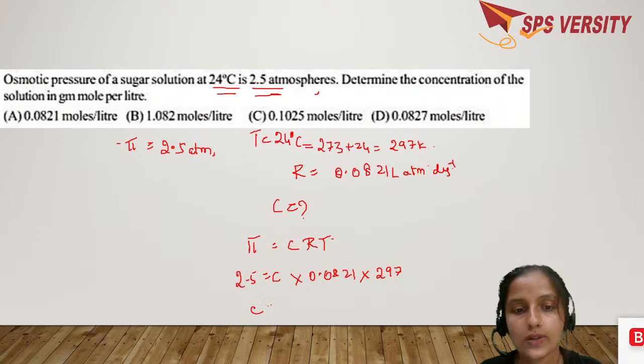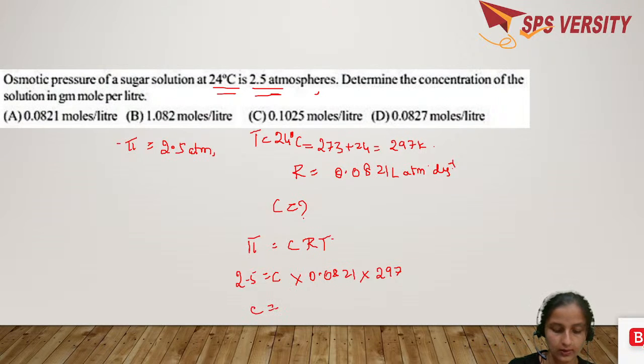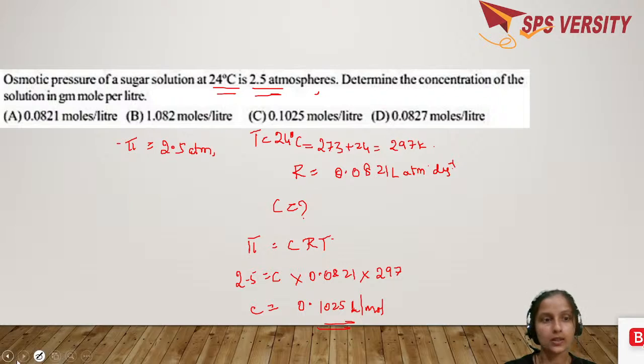If you rearrange for the concentration, you are going to get it as 0.1025 mole per liter, sorry, mole per liter. So the correct answer would be option C, I guess.